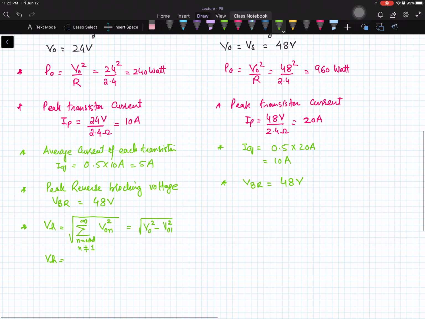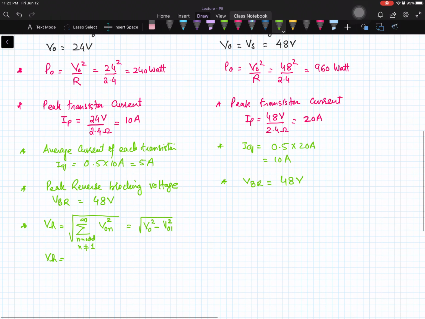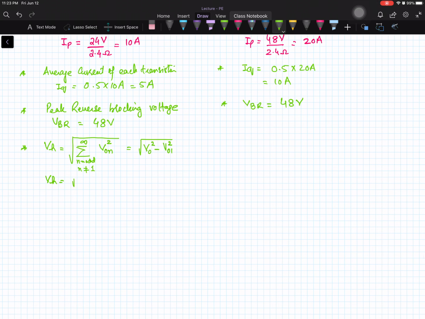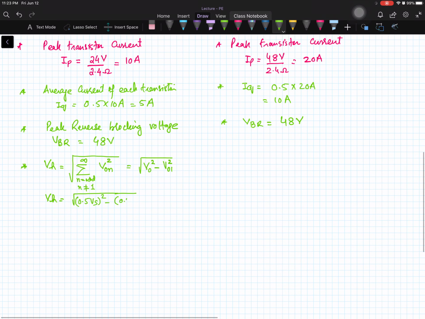Using the previous expression, we know that V01, the fundamental RMS voltage for the half bridge, is 0.45 Vs. So V0 is 0.5 Vs, and VH equals the square root of (0.5 Vs) squared minus (0.45 Vs) squared. If I simplify this, I will get 0.2176 Vs.